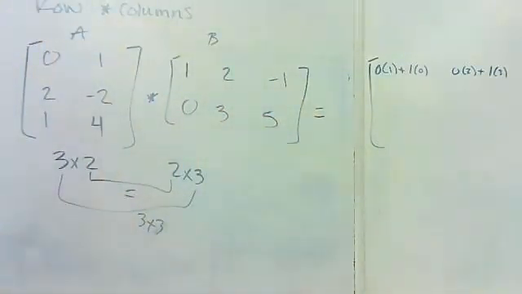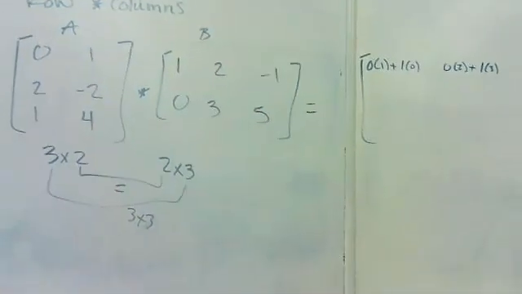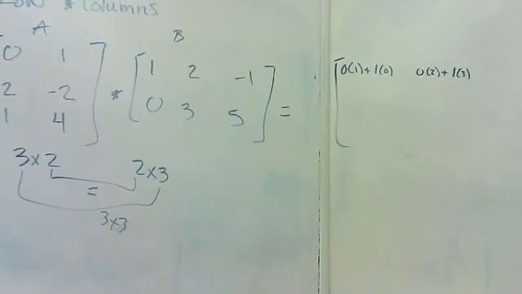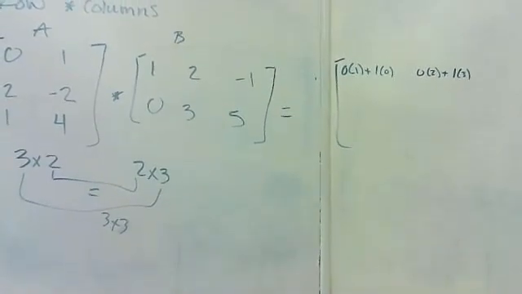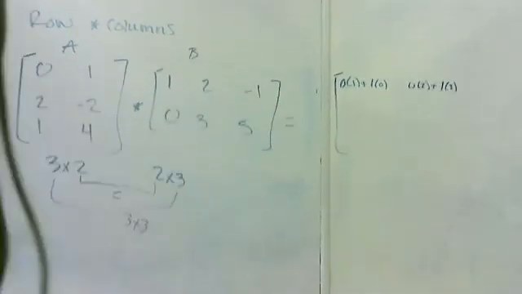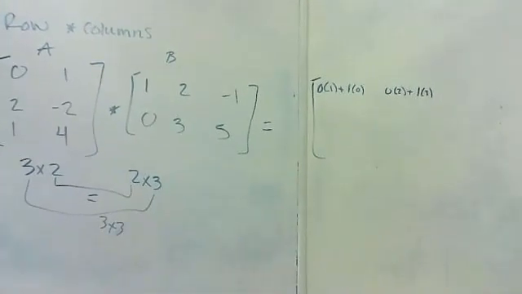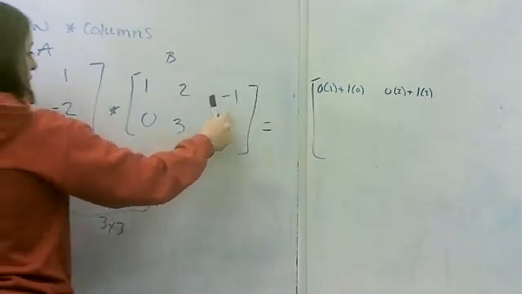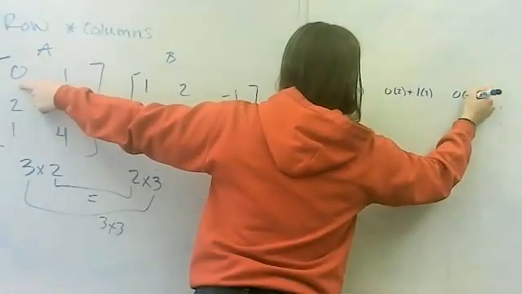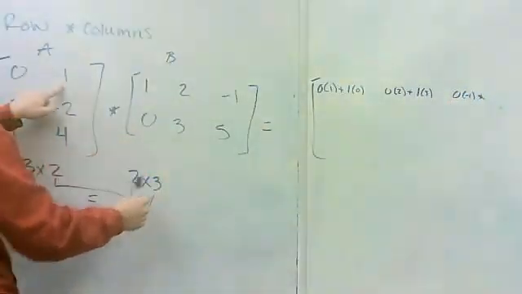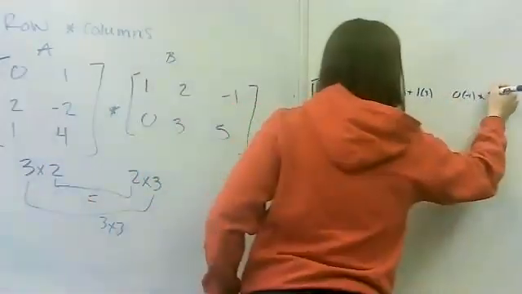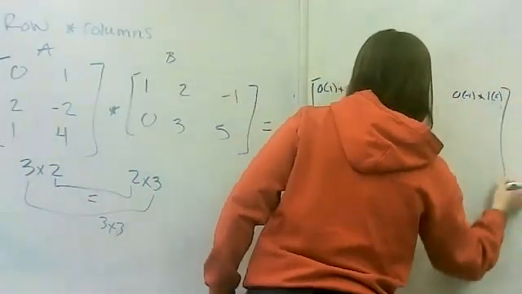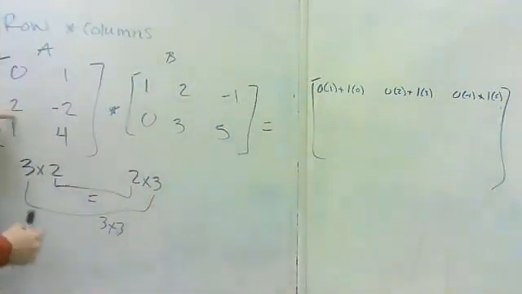Second term, first row. Very lastly, first row, third column. 0 times -1 plus 1 times 5. There's the end of that row.